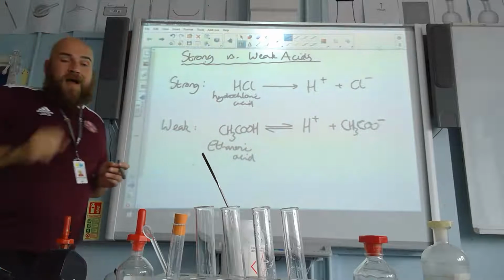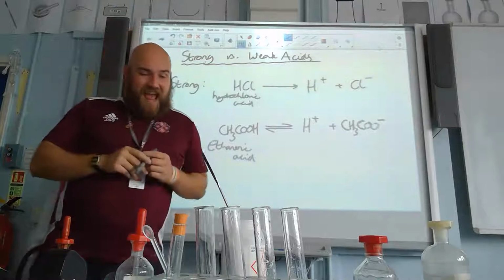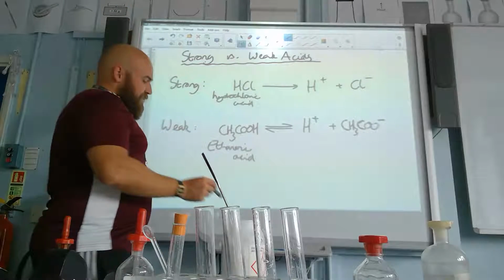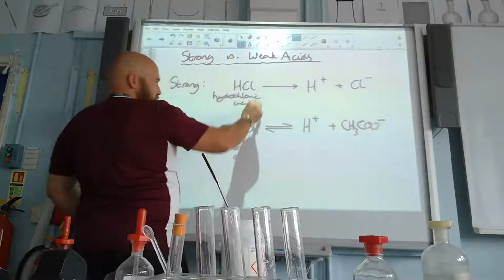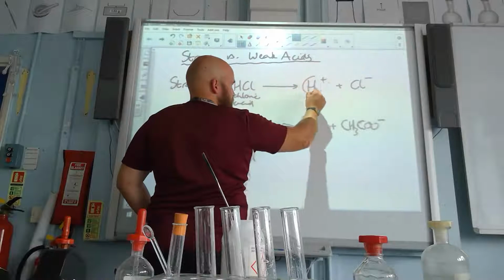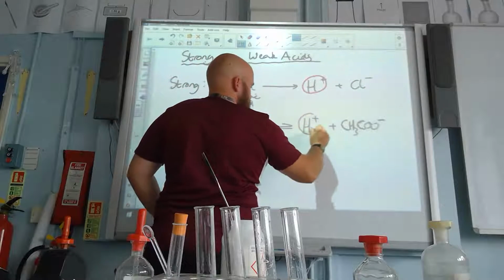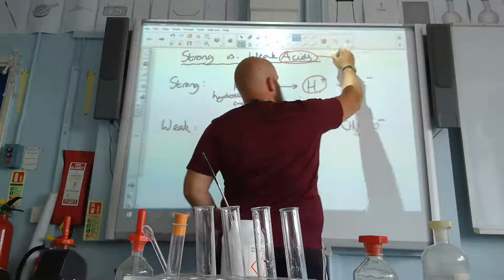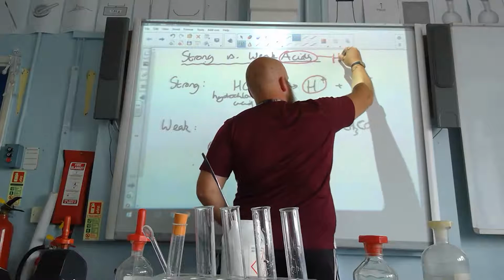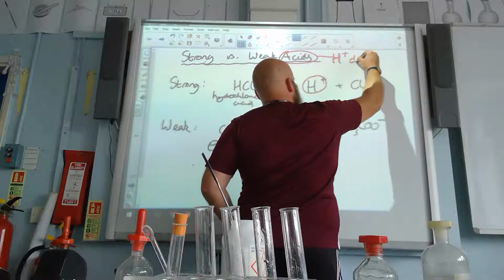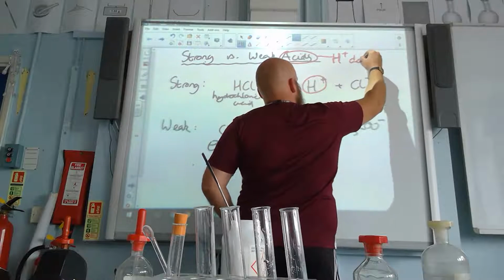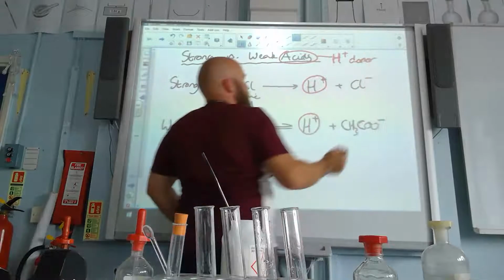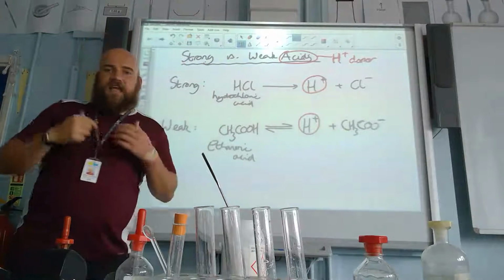Because it links into what our definition of an acid actually is. And hopefully you can all see they both release H pluses. Yeah? And that's the definition of an acid. An acid is an H plus donor. It's something that donates H pluses.